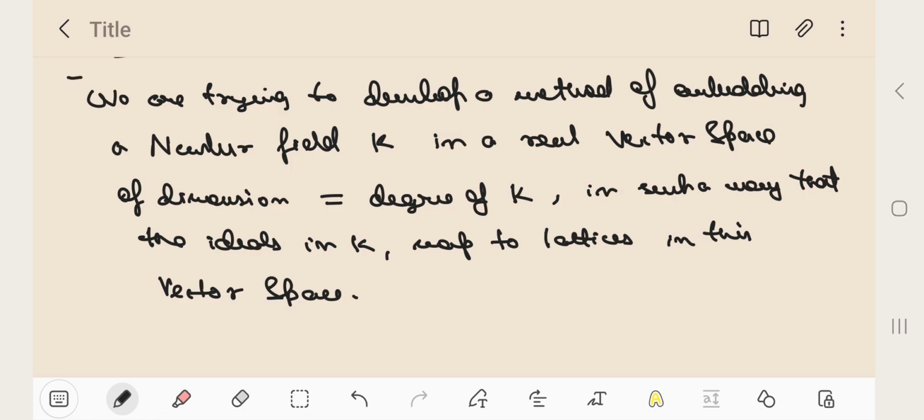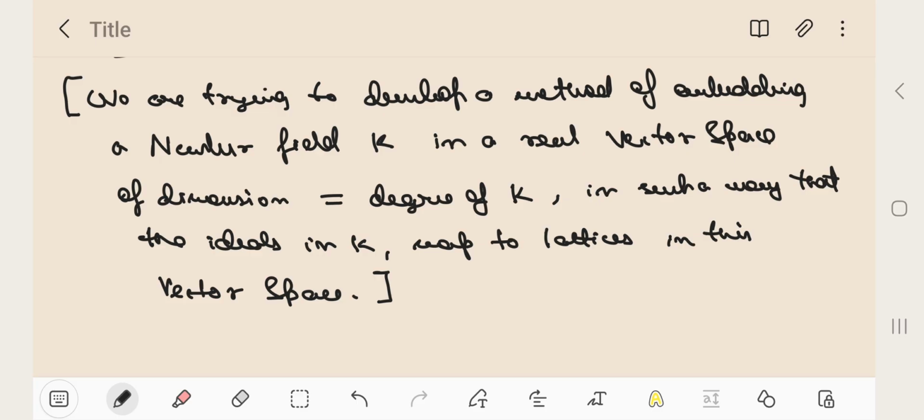In fact, this immediately gives us a geometric representation of algebraic numbers, because whenever I try to embed this number field K inside a real vector space, it immediately acts as if it is itself inside. See, embedding does not happen naturally.